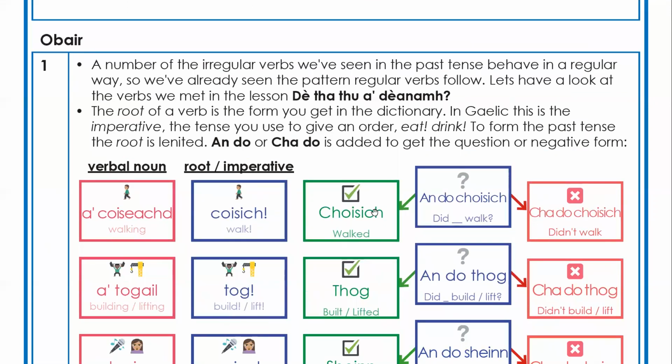So you can see, if you know the root, the pattern is you lenite it, you get the past tense, and then you use an do and cha do, so the do bit comes into the question and the negative. So all the dependent forms use do in the past, and still lenited: an do choisich, cha do choisich.